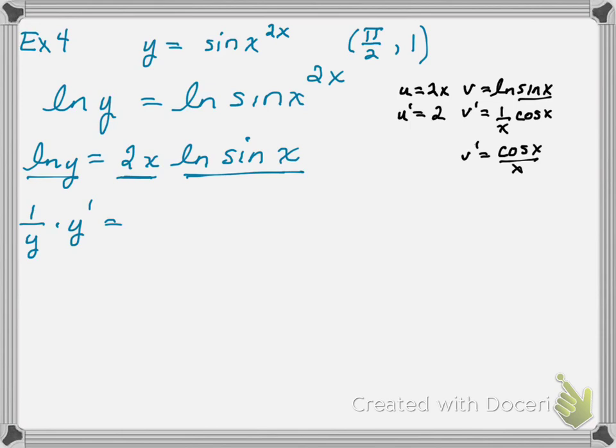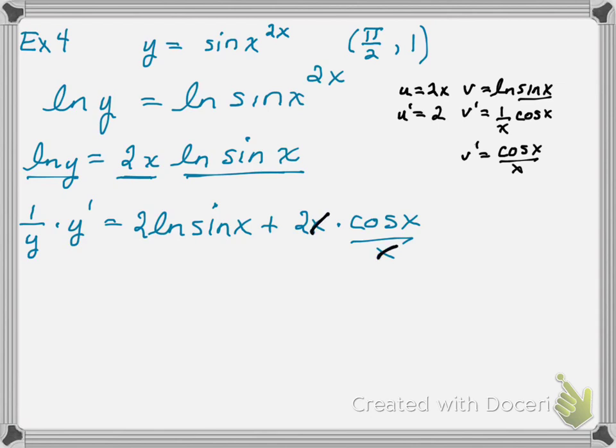So u prime times v will simply be 2 ln of sine x, plus v prime times u, which is 2x times cosine x over x. And then these x's are going to cancel, so I will cancel those x's out.